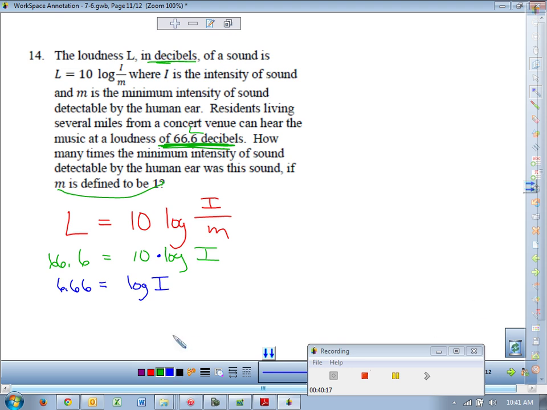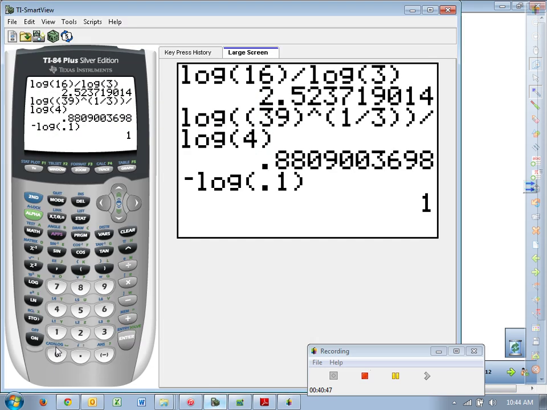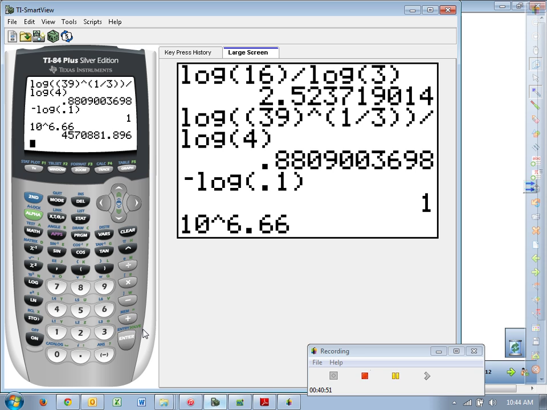So what's the base? 10 to the 6.66 equals I.